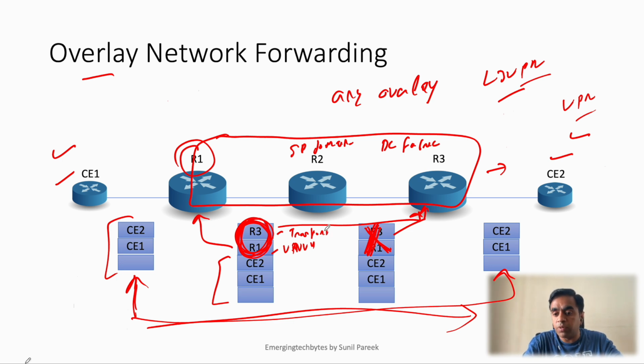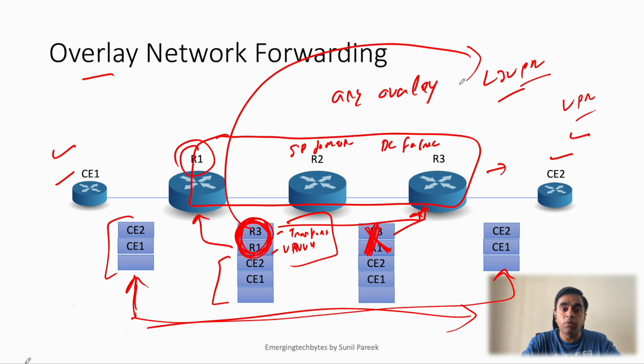I am highly simplifying this because of the time constraint, but this is for the beginners: in any overlay network, we simply encapsulate the packet and then send it. That encapsulated packet can be a labeled packet also in case of L3VPN.